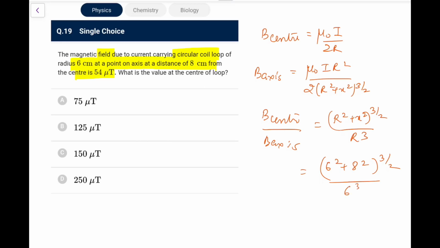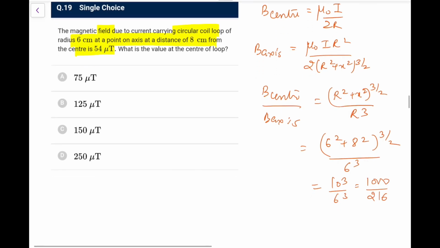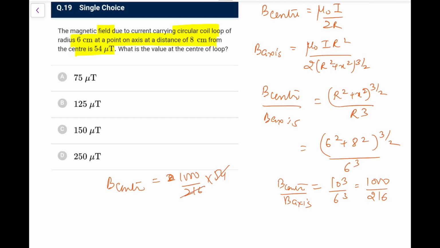So 6 square plus 8 square is 10 square, that is 10 cube by 6 cube, that is 1000 upon 216. So this is B at center upon B at axis. What would B at center be now? It would be 1000 upon 216 into 54. So 54, if you take, this is 4 times, so 1000 by 4, that is 250 micro Tesla. So we'll go for option D, the appropriate one for us.